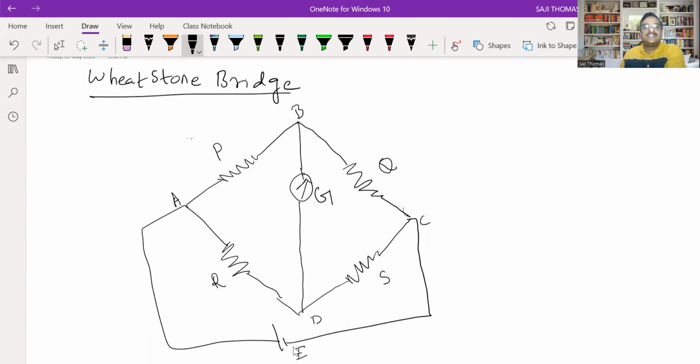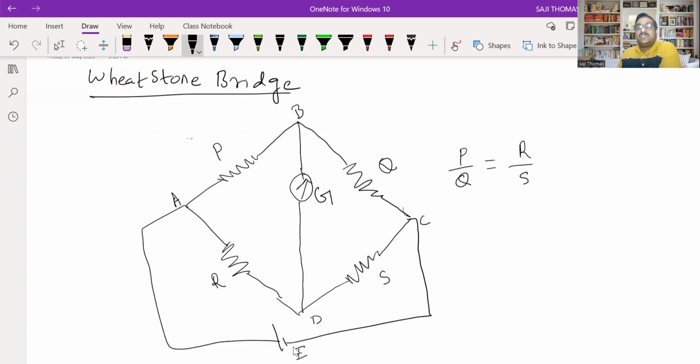If the ratio of the resistors P by Q equals R by S, then no current will pass through the galvanometer.